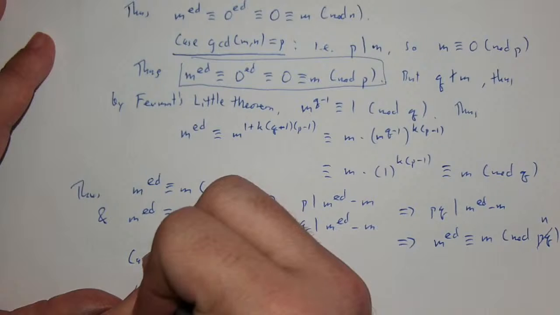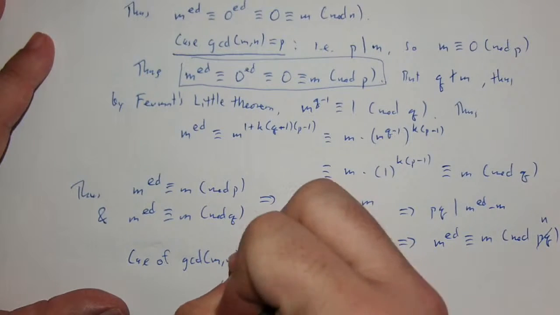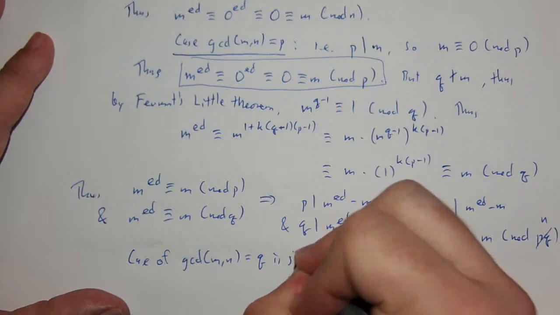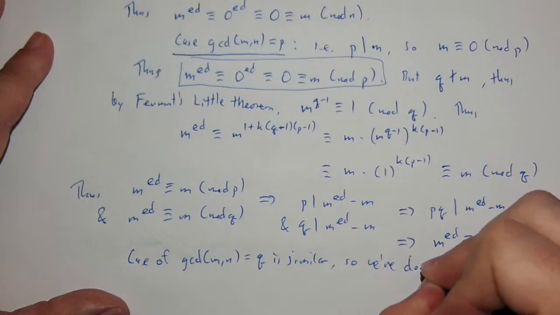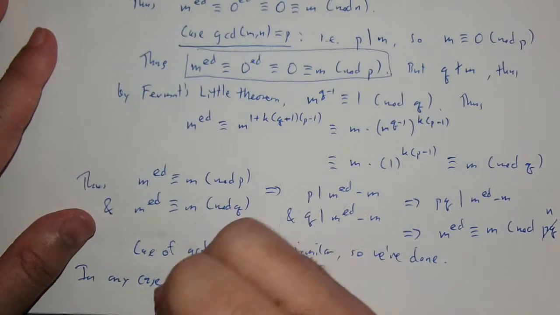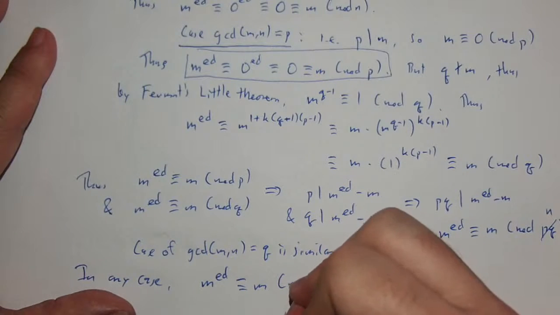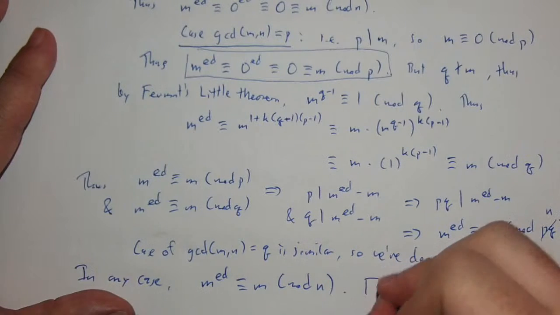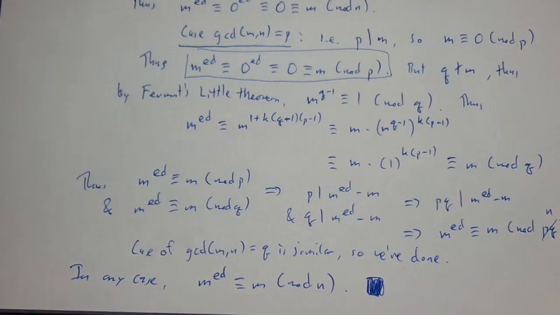The case of GCD of m and n equal to q is similar. So we're done. In any case, m to the ed is congruent to m mod n.